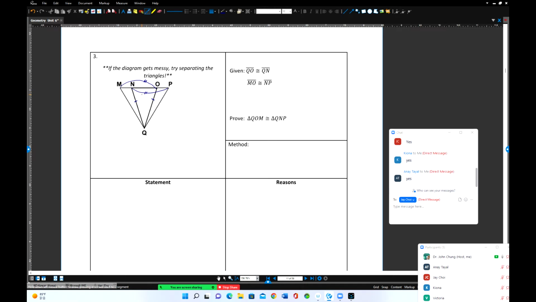So using these two, we're going to prove triangle QOM. QOM is this side. To avoid confusion, we can just separate the triangles. This is the M, this is the O, this is the Q.